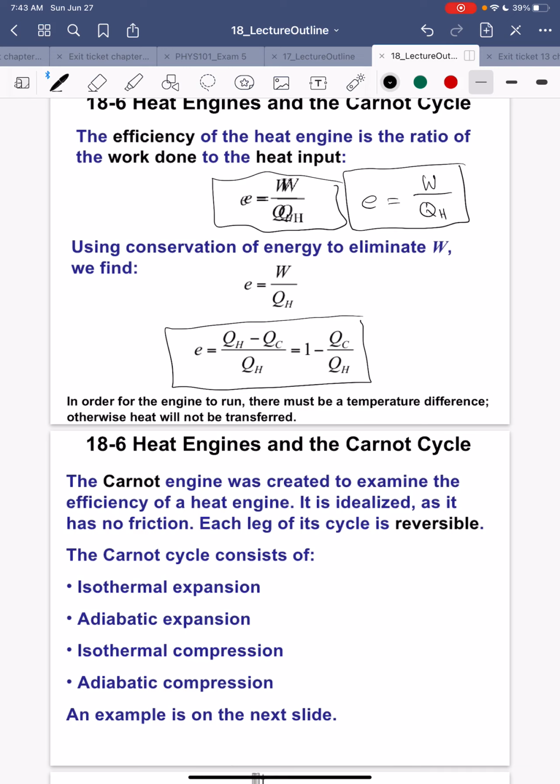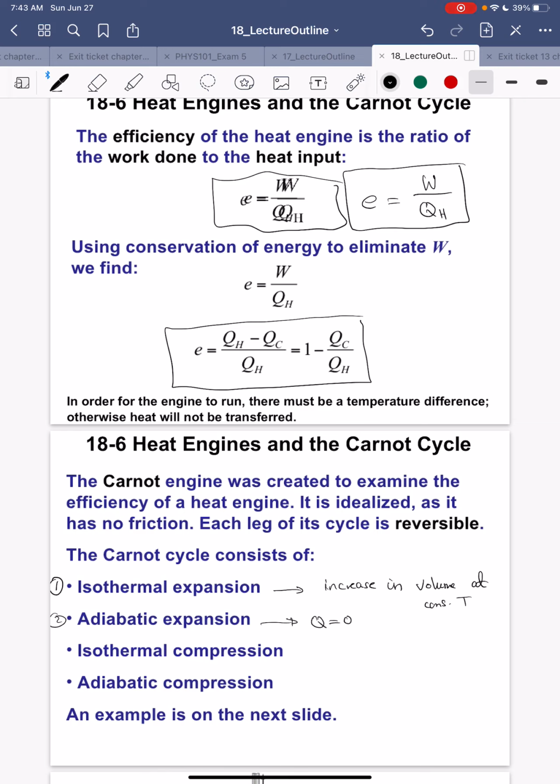Now, the Carnot cycle consists of, first, isothermal expansion, which means an increase in volume at constant temperature, and then adiabatic expansion, which means without any Q leaving or entering the system.